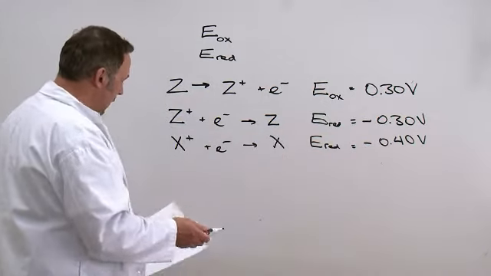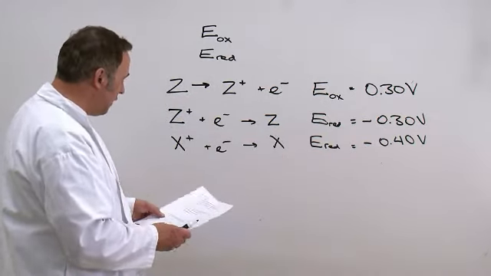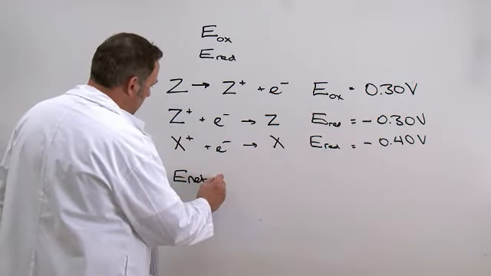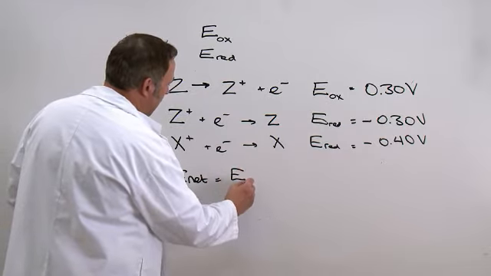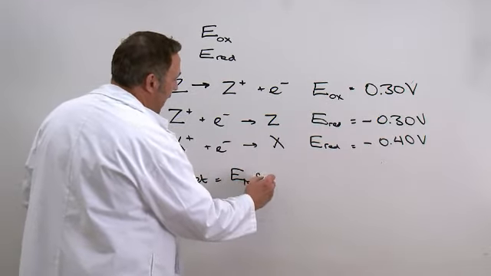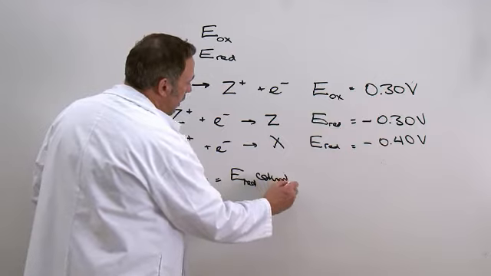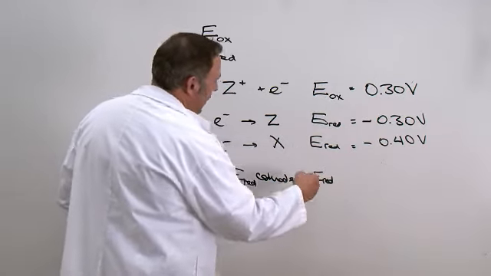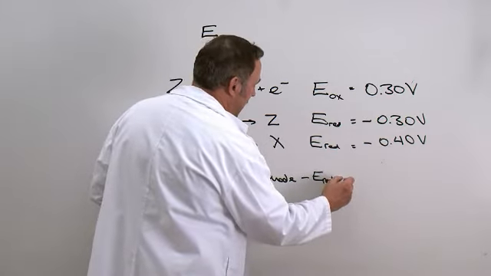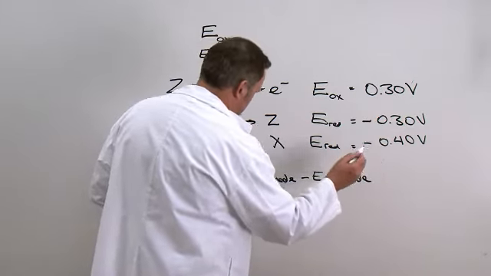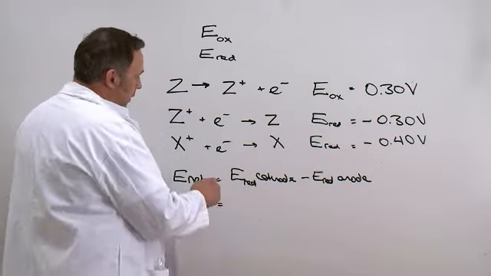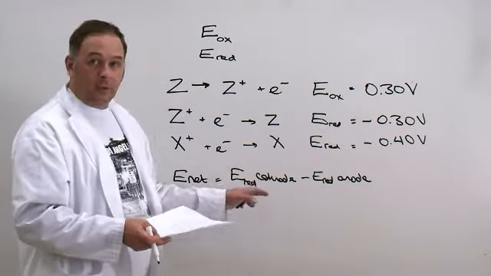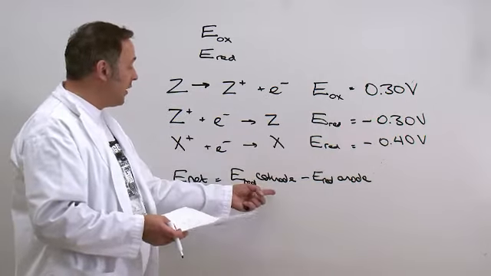Now, the question is asking for the E net, which is equal to my E reduction half reaction at the cathode minus E reduction half reaction potential at the anode. Now, at the cathode, this is where reduction occurs. That's the oxidizing agent.